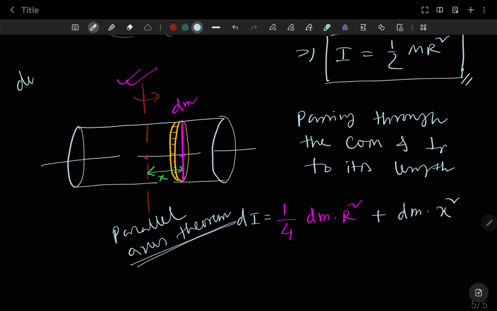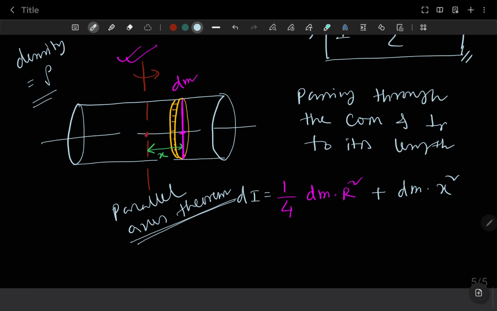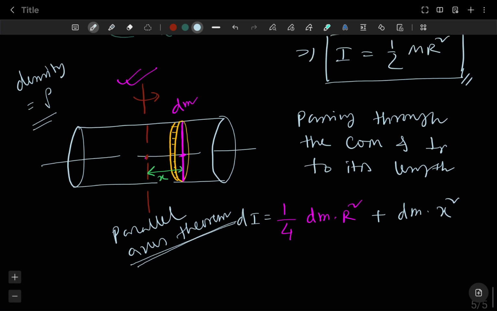Now let us consider that the density of the cylinder is rho. What is the volume of this elemental disc? It is pi R square h. Let the width of this disc be dx, so the volume will be pi R square dx.